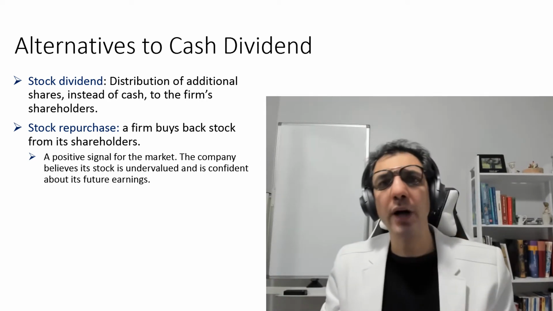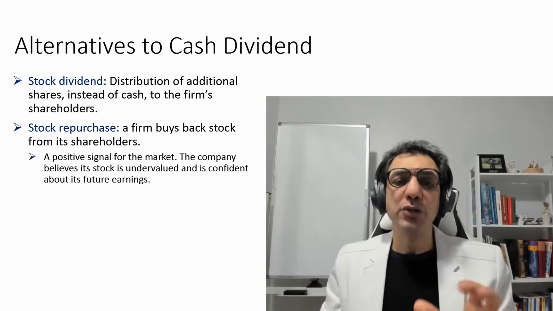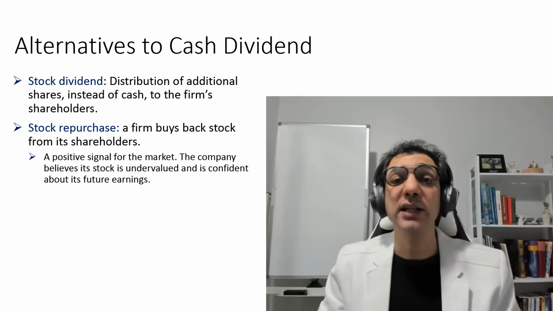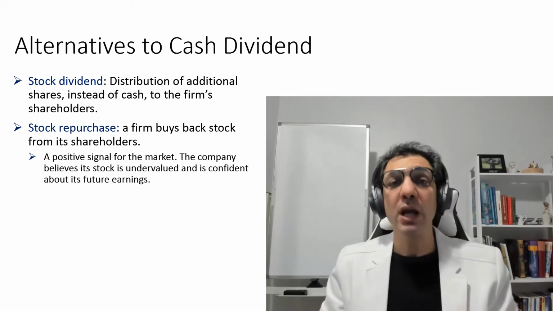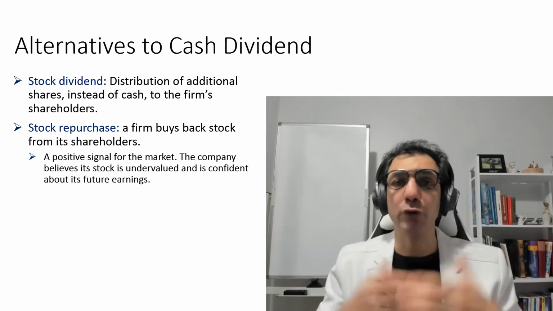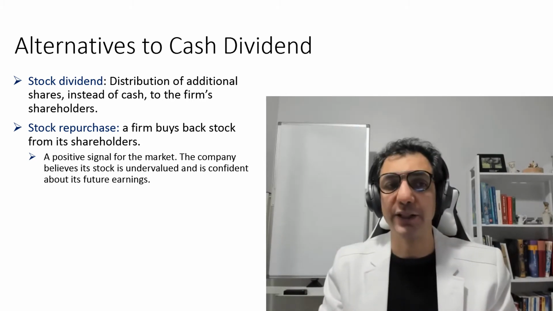We'll talk more about signaling later, but remember, whatever decision the company makes regarding the payout policy, it impacts the information content of the market, and for sure the stock price will be affected.